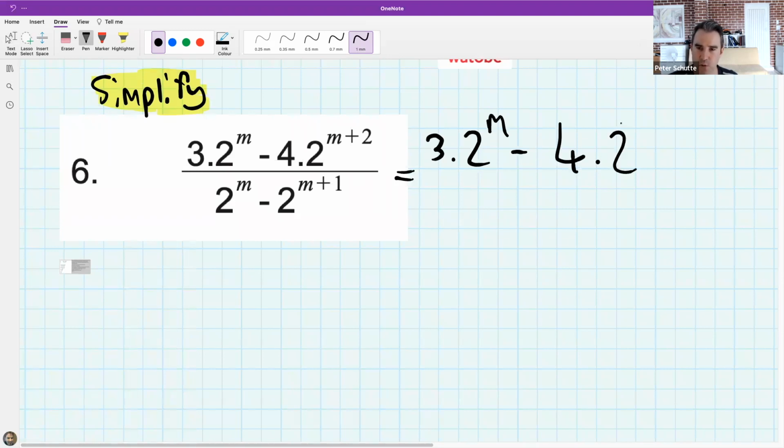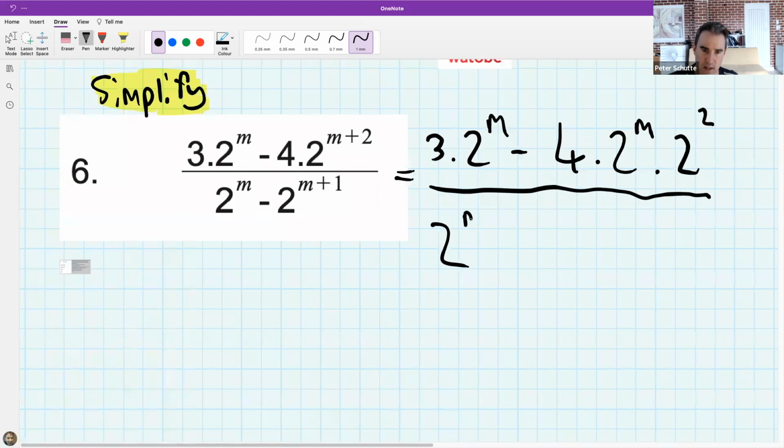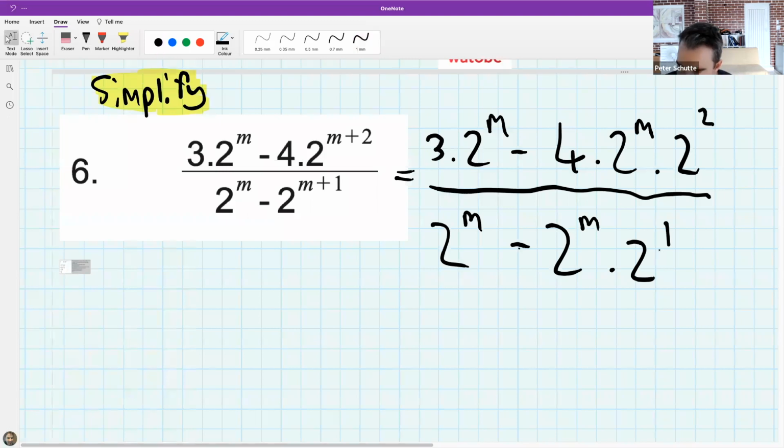Let me do what I think you mean. You do that. So I'll call that breaking down the term into parts. So let me just rewrite this like that.